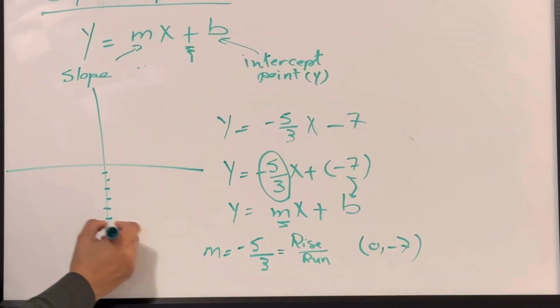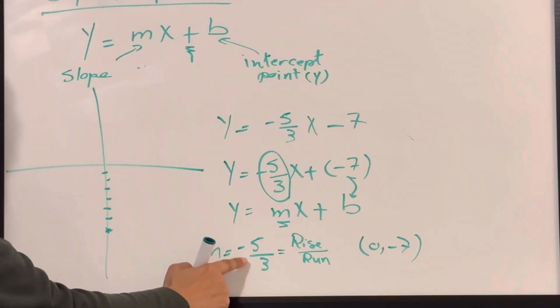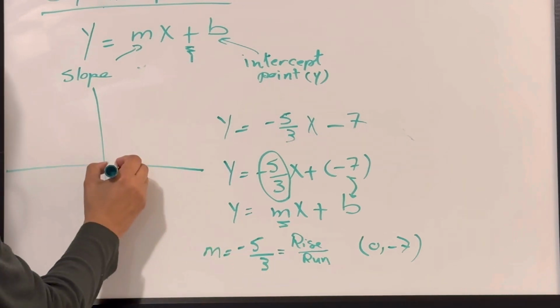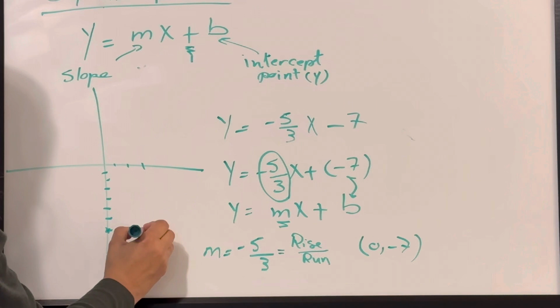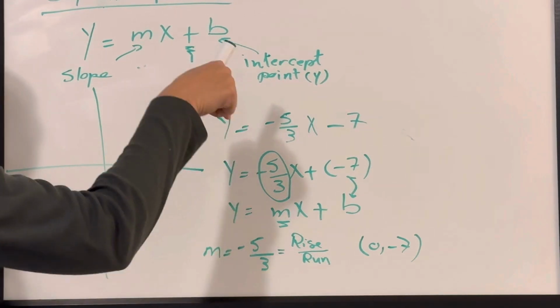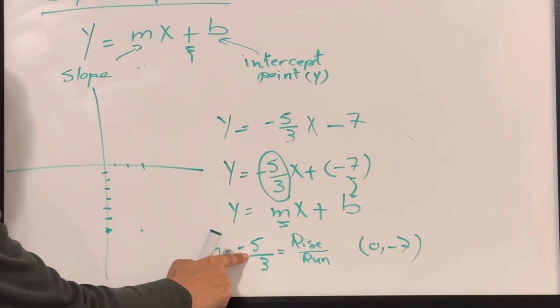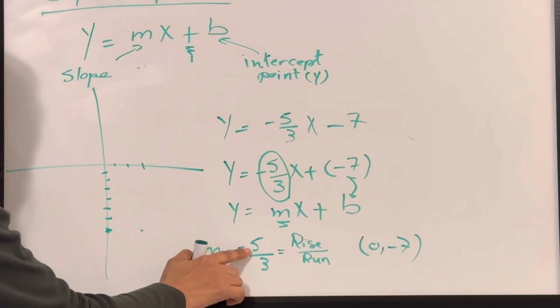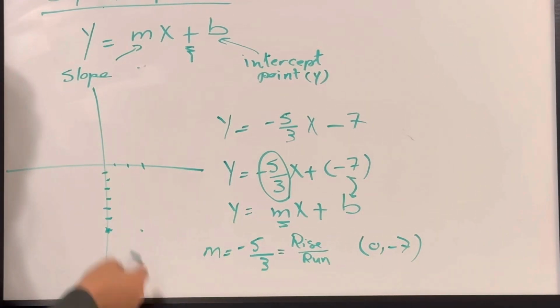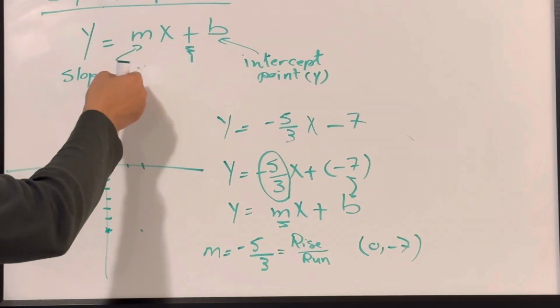So if I'm here, I'm going to run 3. So 1, 2, 3. And now I'm going to go down 5 because it's with minus. So whenever the slope is minus, I'm going down. If the slope is positive, I will go up.